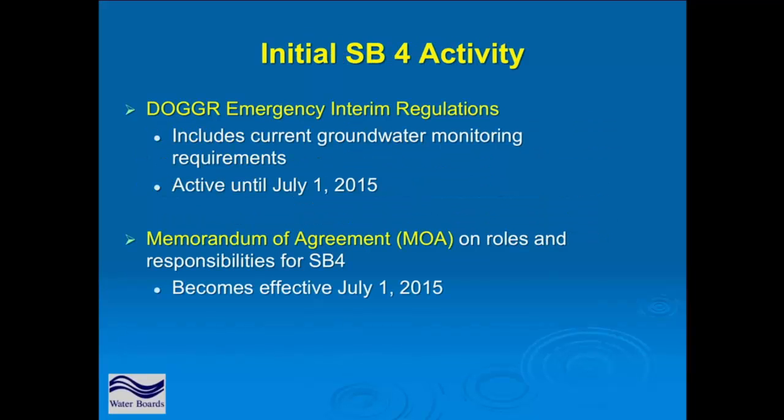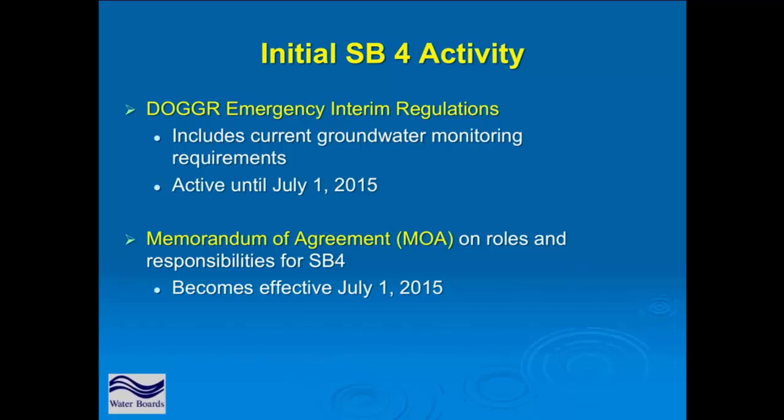Since January 2014, State Water Board staff have been working with DOGGR to implement the provisions of SB 4. In late 2013, we worked with DOGGR to draft their emergency interim regulations, and specifically helped them with the groundwater monitoring interim regs.